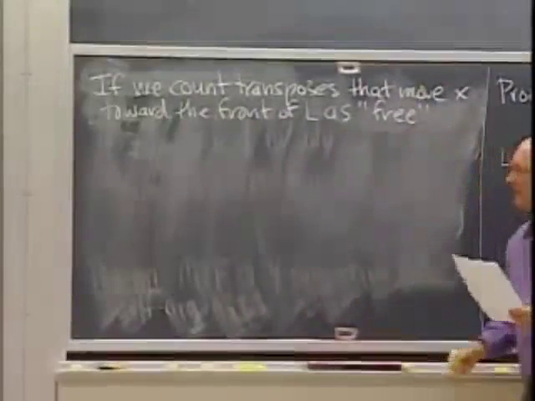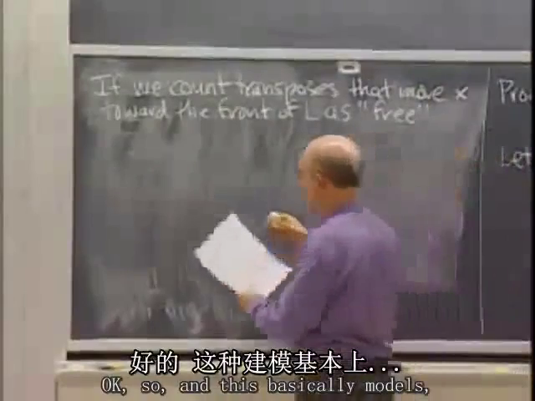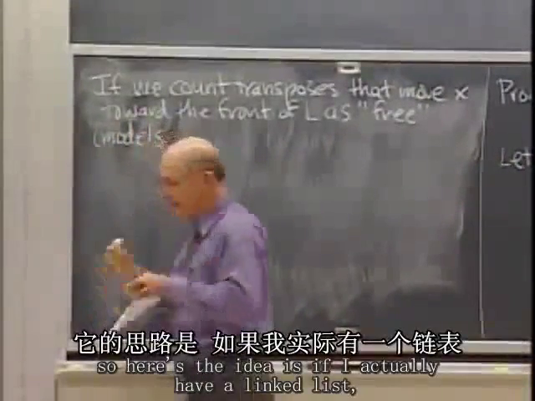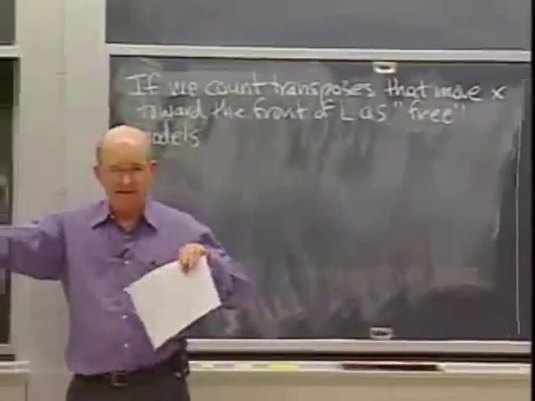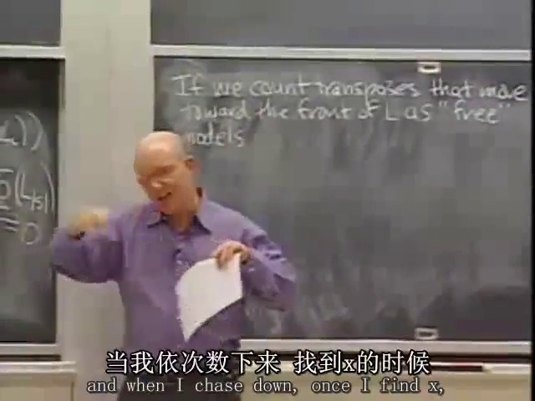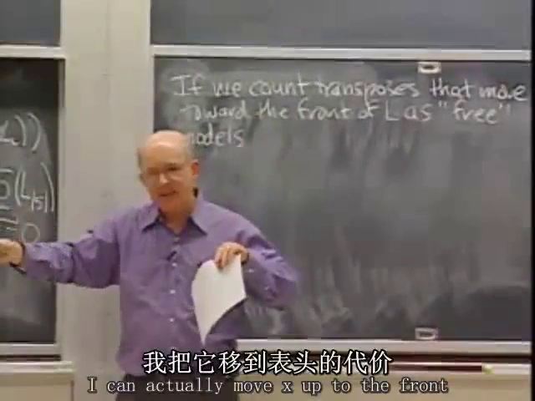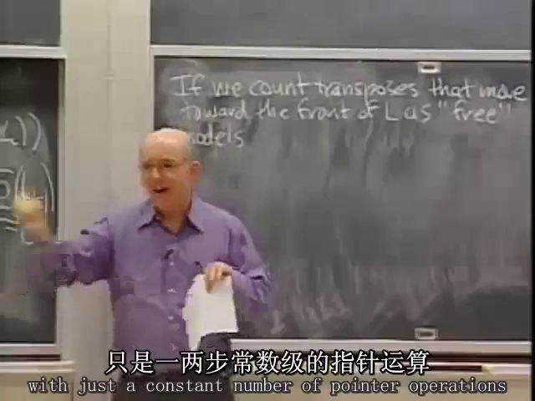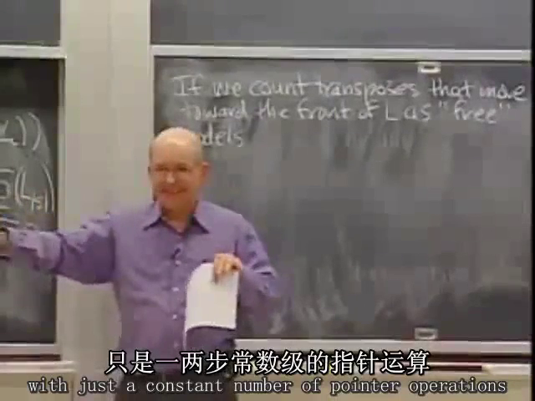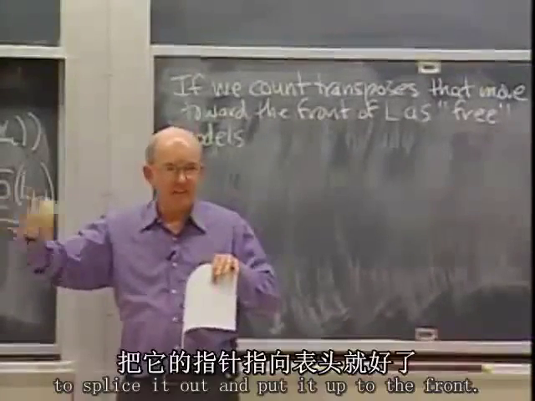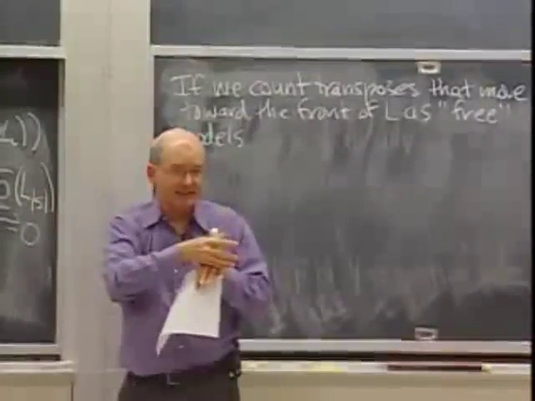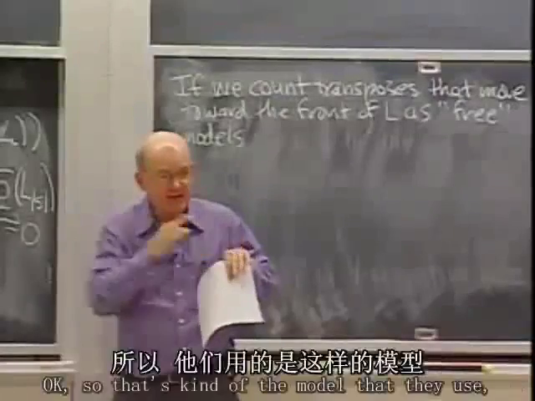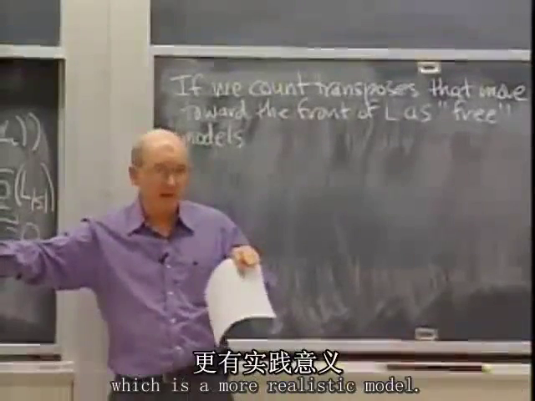So basically here's the idea: if I actually have a linked list, then when I chase down, once I find x, I can move x up to the front with just a constant number of pointer operations to splice it out and put it at the front. I don't actually have to transpose all the way back down. So that's the model that they use, which is a more realistic model.